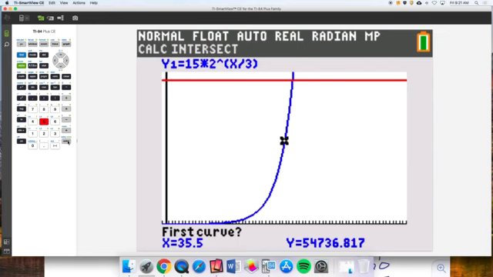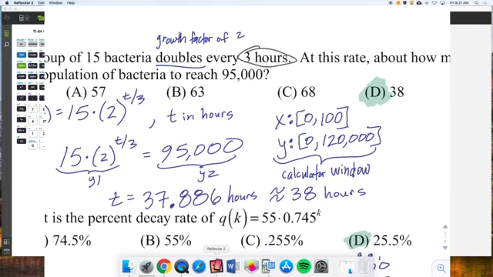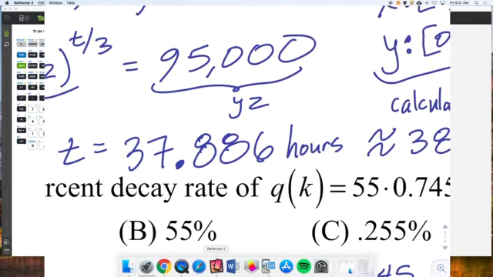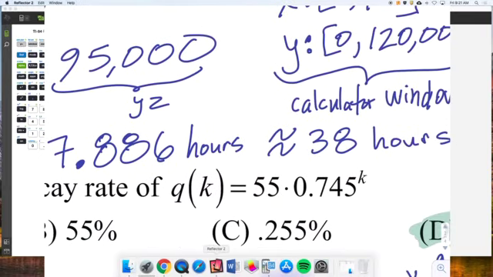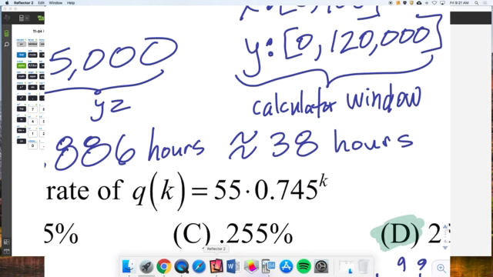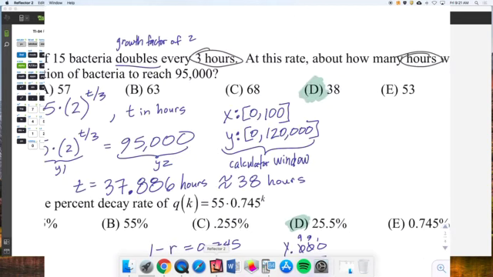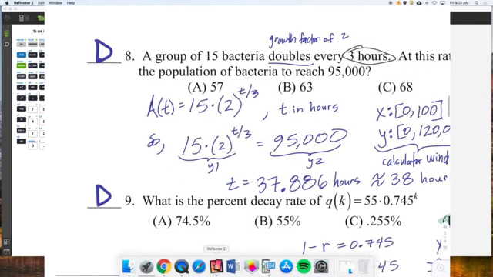There's only 1 point of intersection, so enter. 37.886, all right? And, of course, that rounds to 38, right? And so the answer is D, as in, dang, that was fun, right?